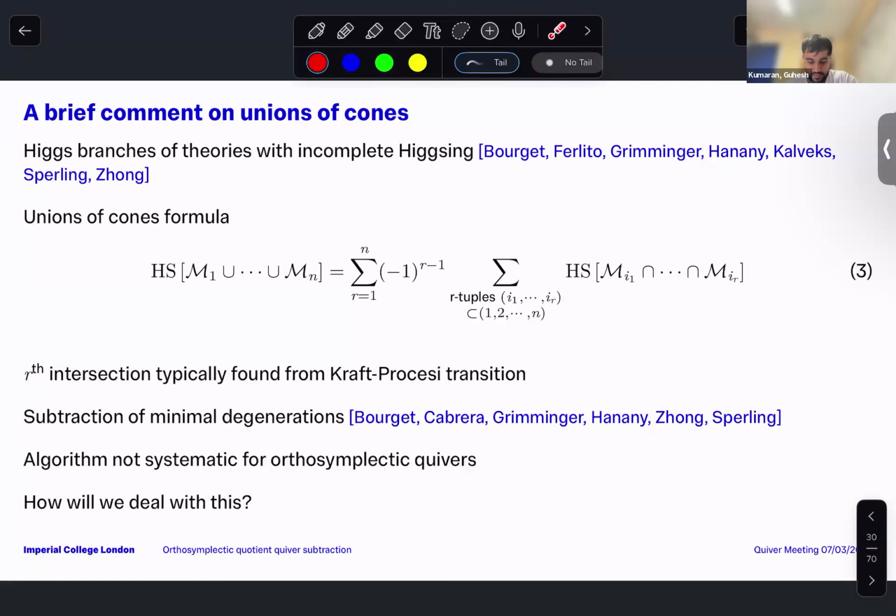Okay, so if I have an intersection, I do some Kraft-Procesi transitions. In the unitary case, this is okay because we have some prescriptions for this involving subtraction of minimal degenerations.